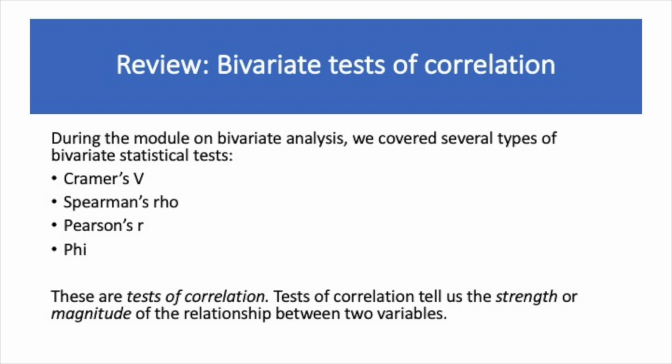It's important to distinguish between these tests of correlation and inferential statistics. In inferential statistics, we're testing how confident we are that the associations we find generalize to the population. Okay, so we're going to be talking about inferential statistics and specific tests, but I also do want you to have in the back of your mind these bivariate tests of correlation, because we utilize both. We just utilize them for different reasons.